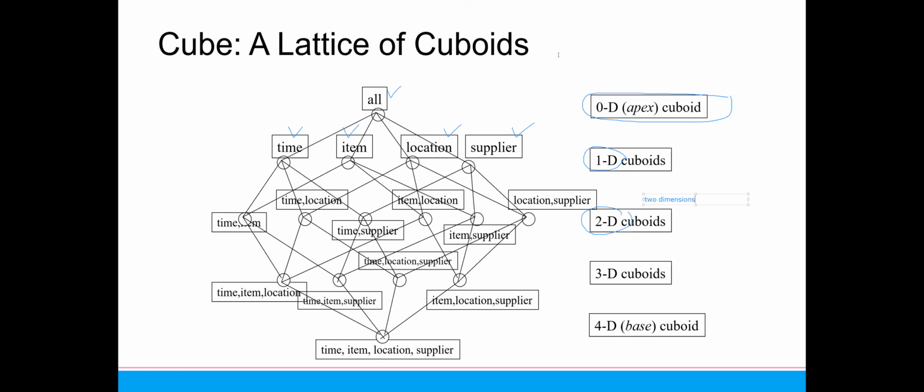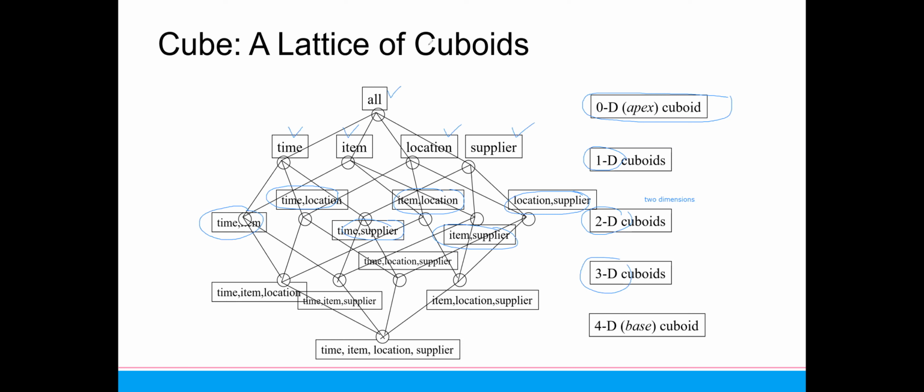then I have time and item, time and location, time and supplier. Maybe this is item and location. Okay, and then item and supplier, location and supplier. Okay. And we can combine into three.